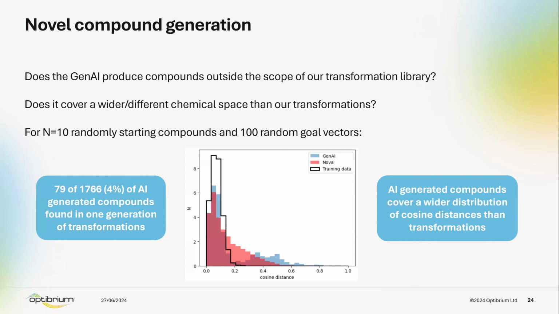We probably want slightly more control over the exact compound generation here. One of the things we're considering is adding an extra parameter into the generation process to control how far away from your starting point you want to go, the amplitude of the transformation. Good question, good spot. Interesting and still somewhat open question as to why this happens.